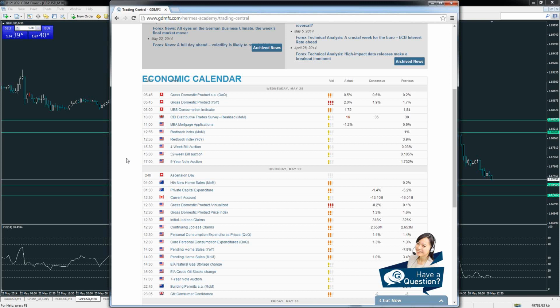Another thing, let's get back to the question of stop loss and take profit. The very simple explanation is that the stop loss is where you consider that your losses are big enough that you can terminate that position, and it's an automatic process. You can set it up from the chart. Very easy to do. Everything is in the Hermes Academy.